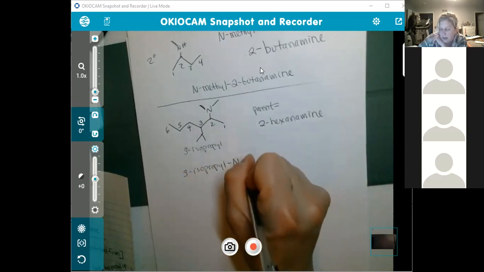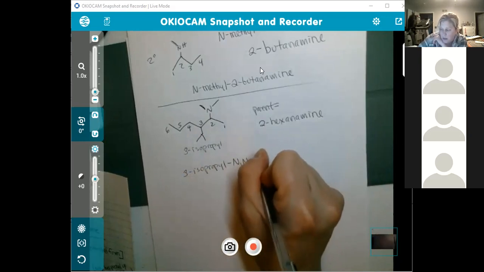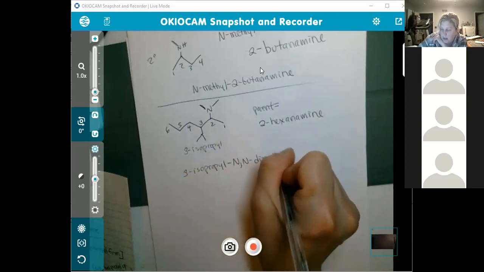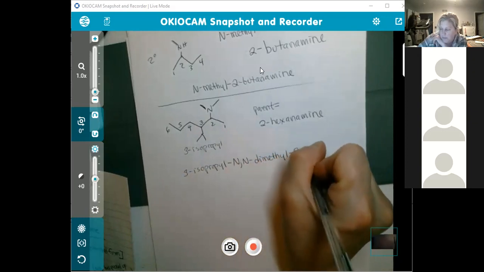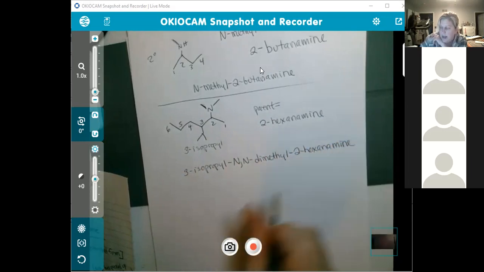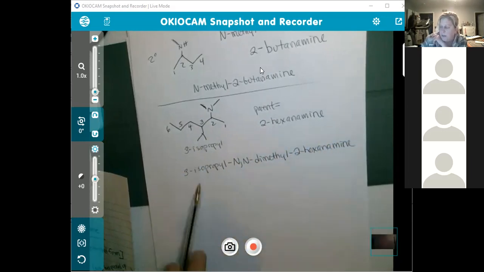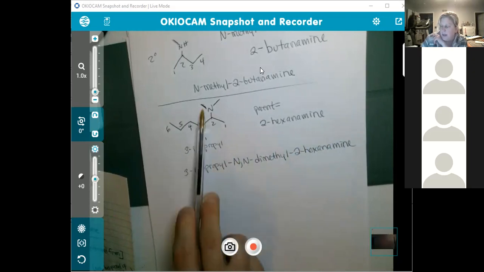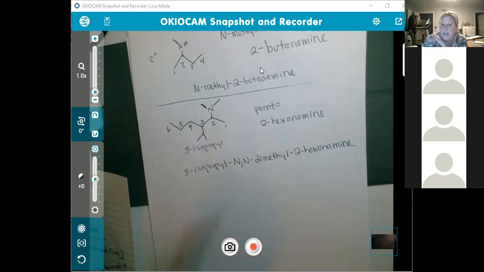So it's 3-isopropyl because I comes before the M in methyl, right? Di doesn't get counted in alphabetical. So 3-isopropyl-N,N-dimethyl-2-hexanamine.